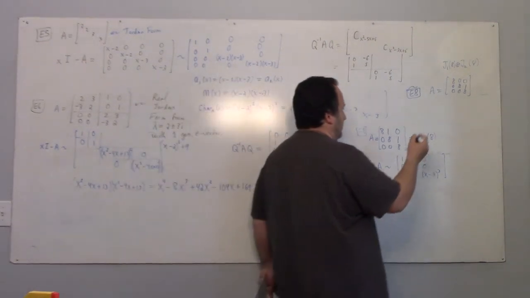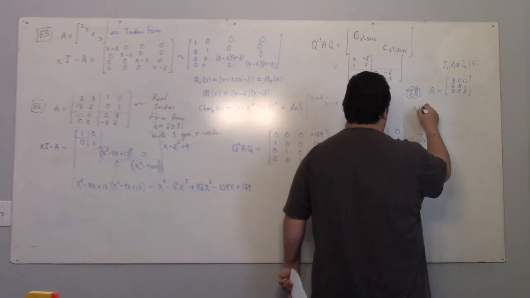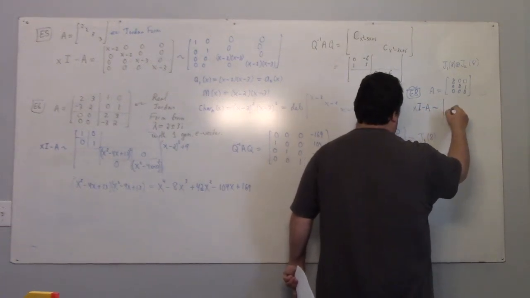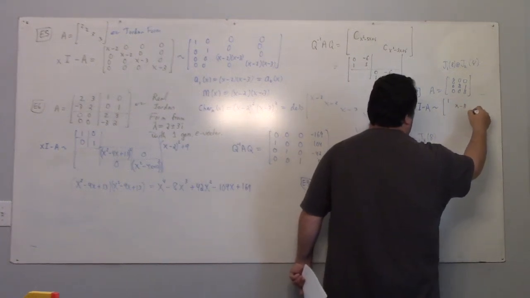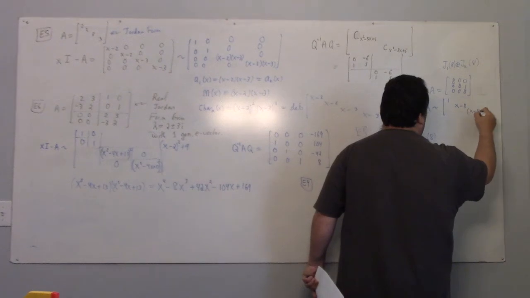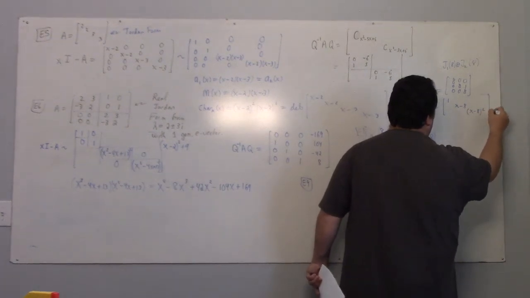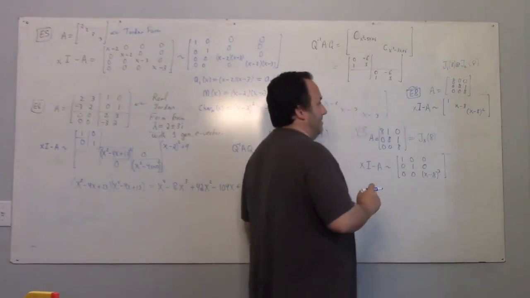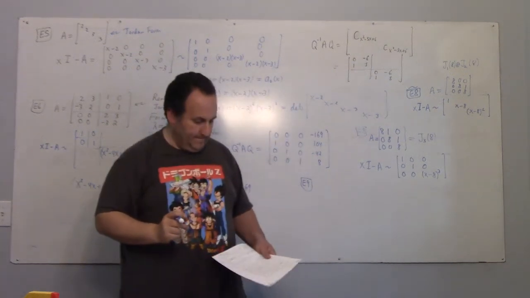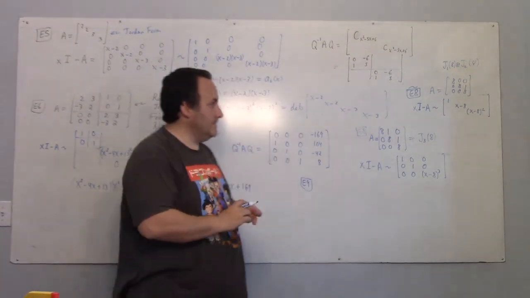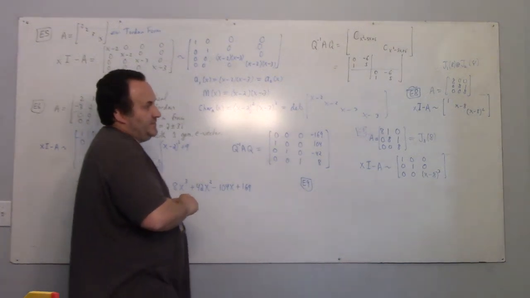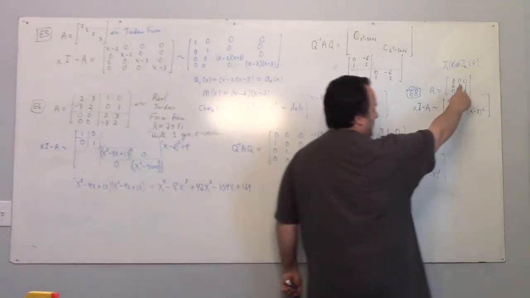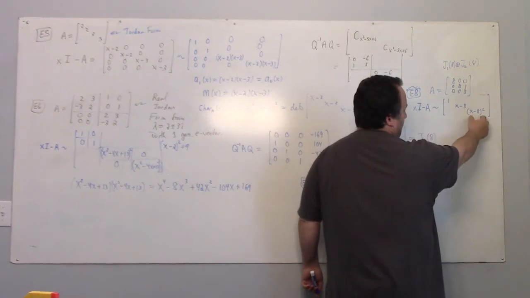But I believe if we did the Smith normal form calculation for this guy, we would get 1, x minus 8, x minus 8 squared. Because the minimal polynomial for this is x minus 8 squared.